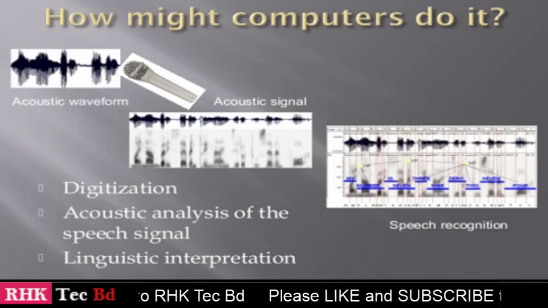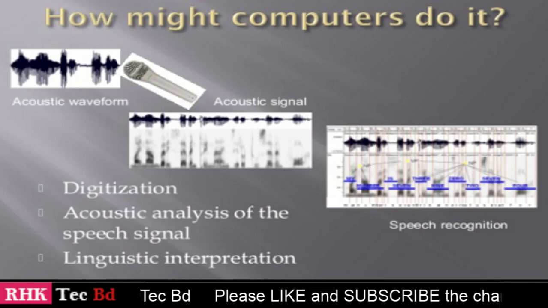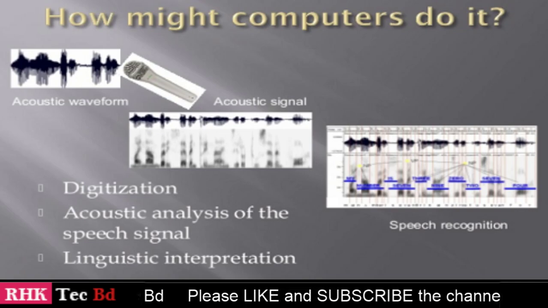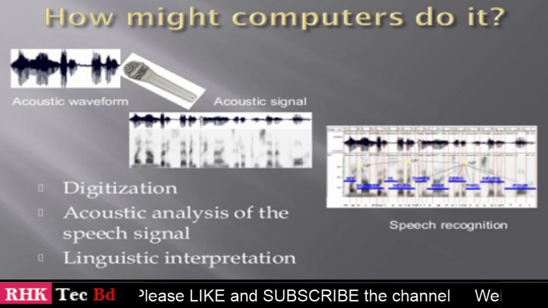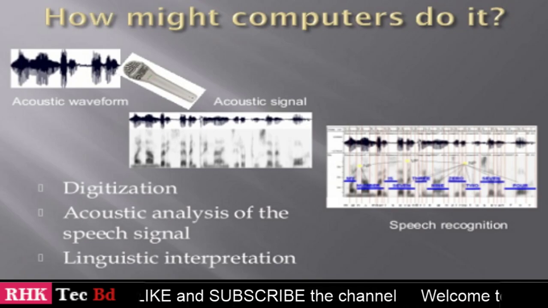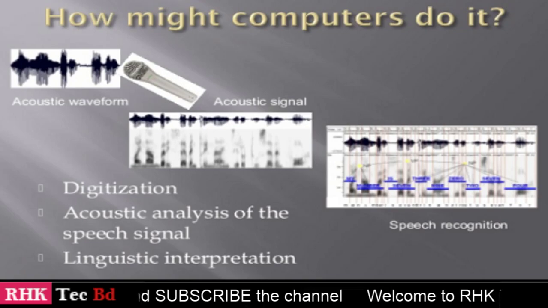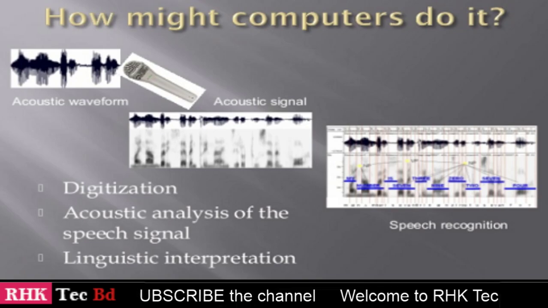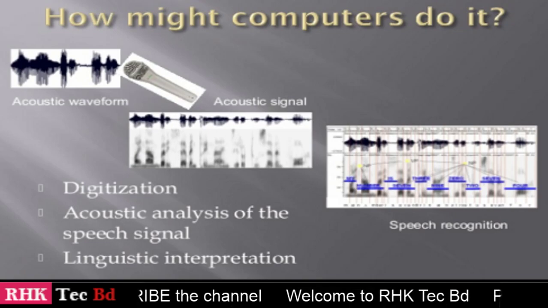How does a computer do it? Here we see that the acoustic waveform is delivered to the computer through the microphone. The microphone delivers the waveform to the sound card, where digitization is done.